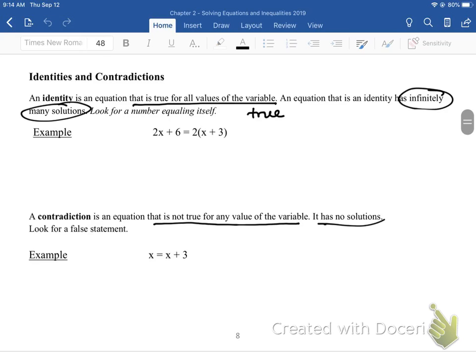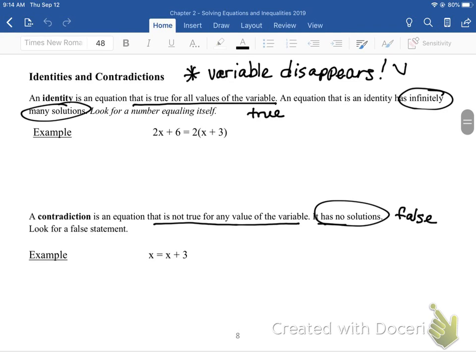A contradiction has no solutions, and what you're looking for is a false statement. In both of these types of equations, the variable disappears, okay? You try to solve it, and it's not there anymore, okay? So basically, you're looking for something that's the same. Let me show you.